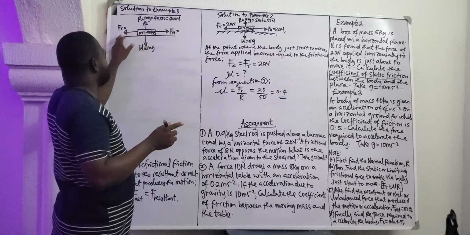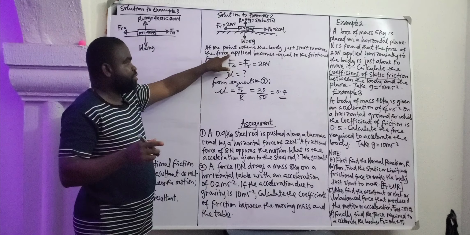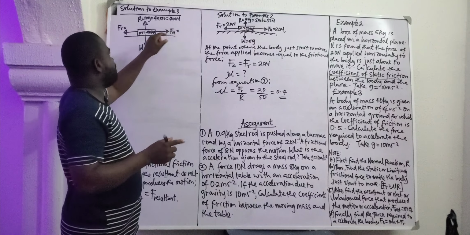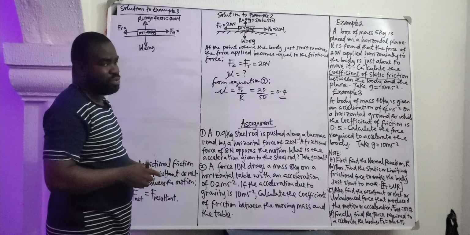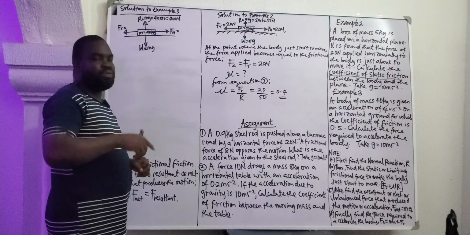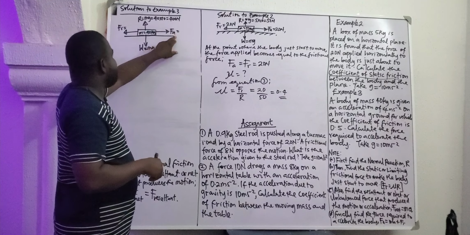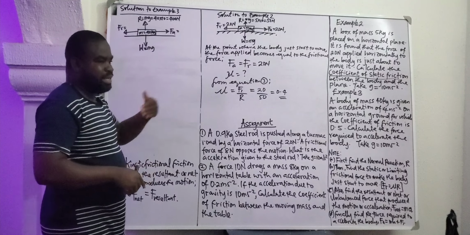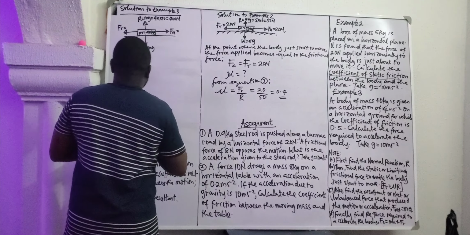Here at static friction, they are equal, but at dynamic friction, where there is acceleration, the force applied is greater than the frictional force. So to get the resultant force, we will subtract. We will have force applied minus frictional force. That is now going to give us the resultant force that produces the motion.